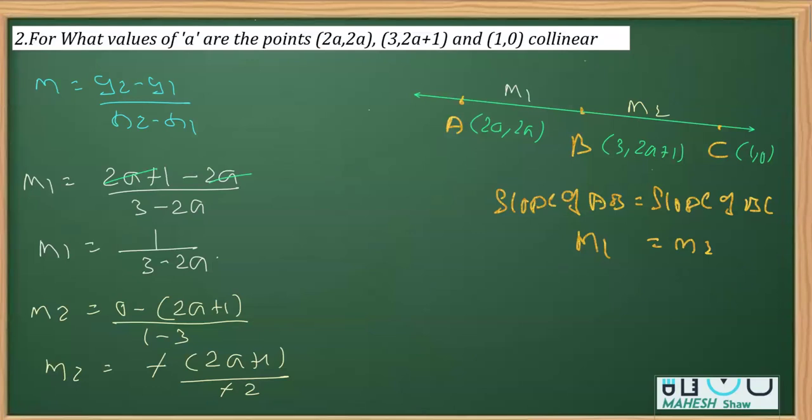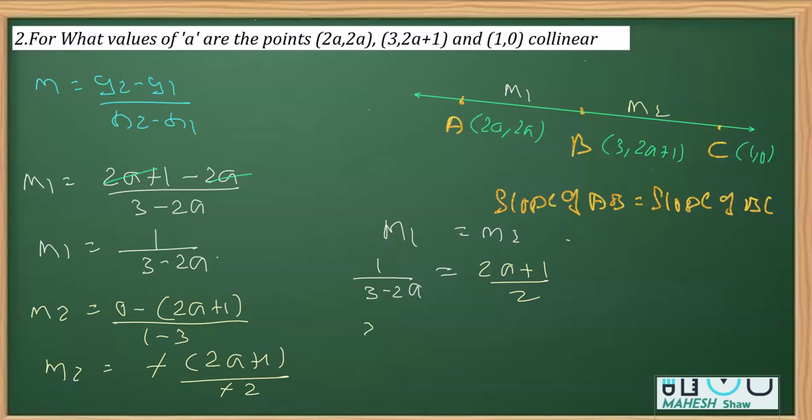As I said, M1 is equal to M2, since the two slopes are equal, and we have to get the value of A. So let's replace M1 with its value. M1 is 1 over 3 minus 2A, and M2 is 2A plus 1 over 2. Now I'm doing cross multiplication.